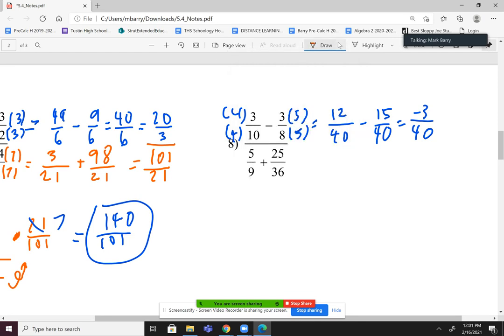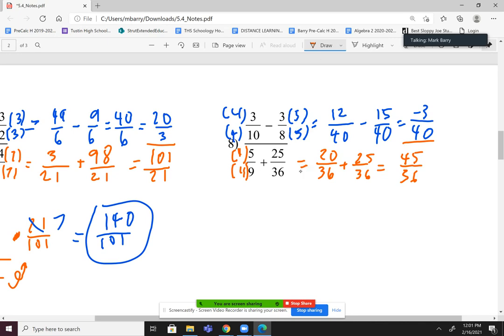All right, now on the bottom, I can just multiply this one by 4, and that's going to turn it into 36. So I get 20 over 36 plus 25 over 36 gives me 45 over 36.